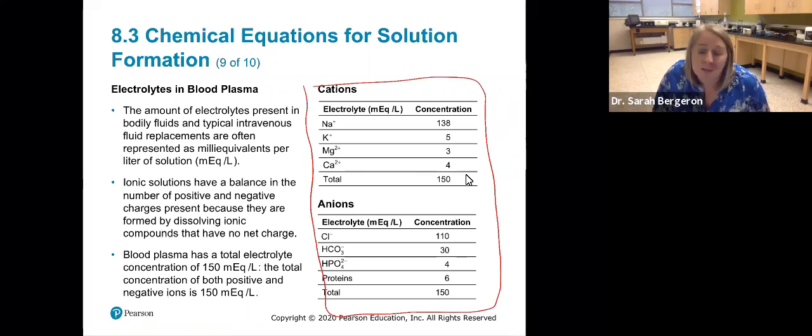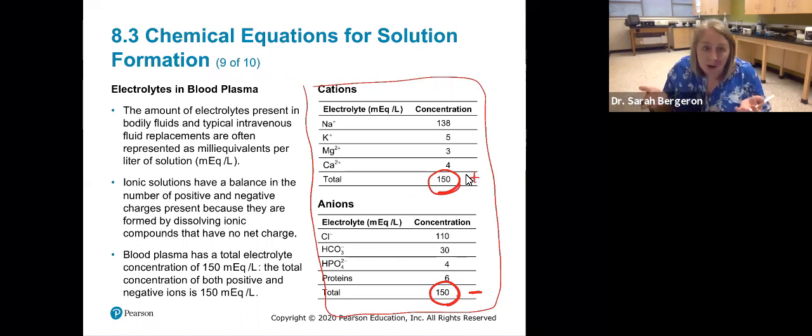And so you have to think about how we need to balance the number of positive and negative charges present so that when we dissolve our ionic compounds, we have that net neutral charge. Our blood plasma is going to have a total electrolyte concentration of 150 milliequivalents per liter, because we have 150 total of our positive cations, and we have 150 milliequivalents per liter of negative ions.